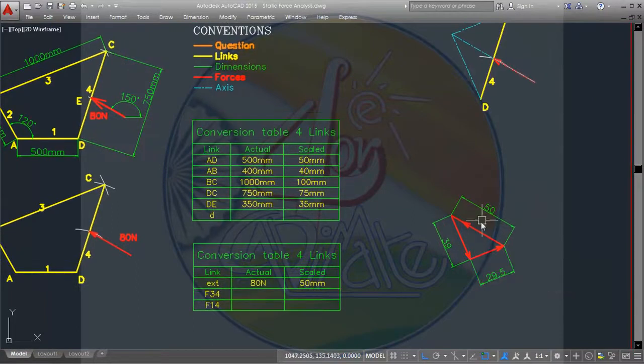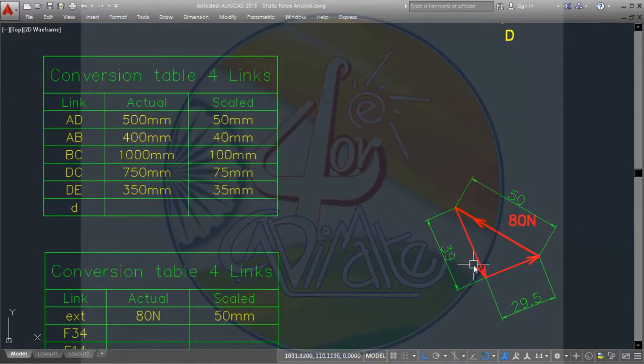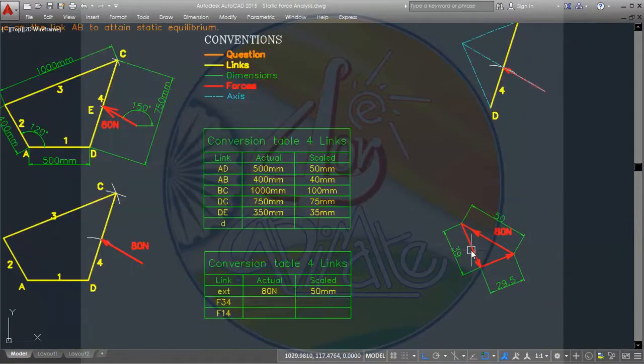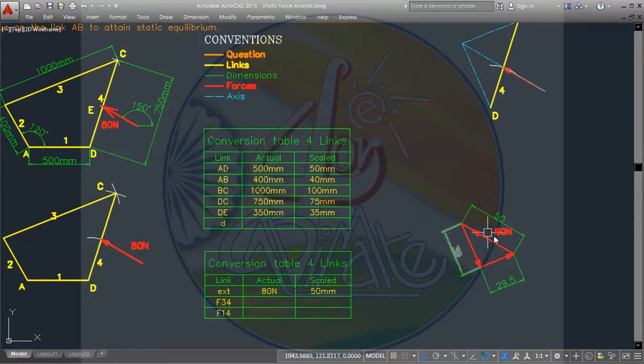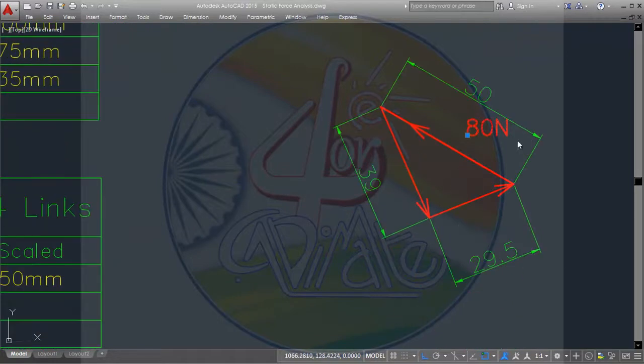Okay, now what is this force? That force is 80. And what is this force? This will be the force of 3 on 4. So how to name it?